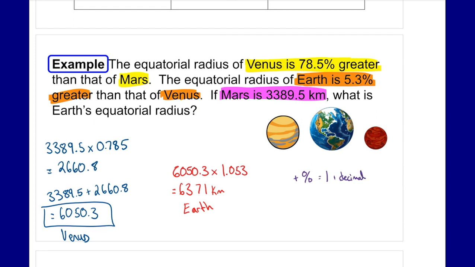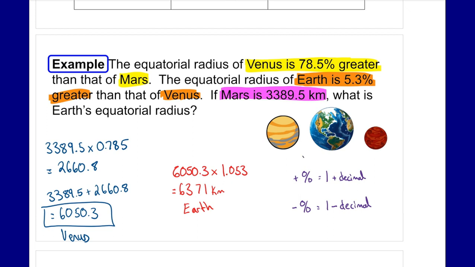The 1 represents the whole value, the initial value, and then by adding the decimal version, we're adding on whatever the percentage is. If we're trying to subtract a percentage, we would do 1 minus the decimal version, because it's going to be 100% minus whatever that certain percentage is, so you're only going to have a certain amount left over.